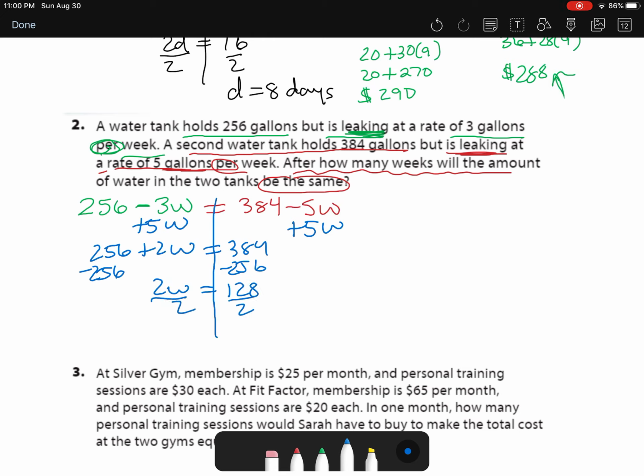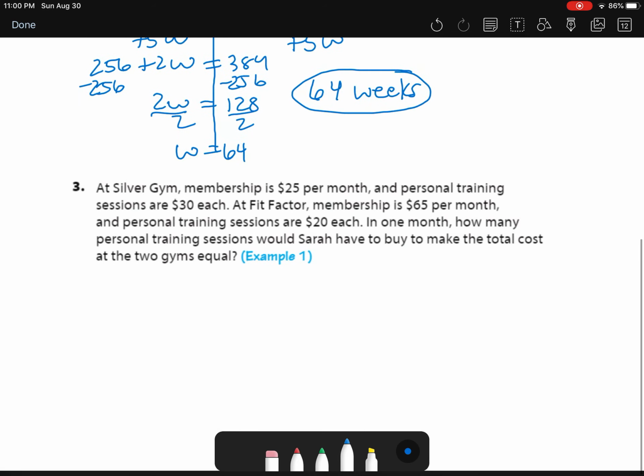And when we divide by 2, we get 64. So, after how many weeks will the amount of water in the two tanks be the same? Well, W means weeks, so after 64 weeks. Then they will both have leaked some water, but at the 64-week mark, they'll have the same amount of water in the tank.